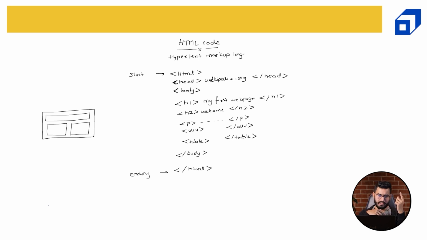We start with HTML, we end with /HTML. Within that we have the head tag, then we have the body tag, and within body we have all the content of the web page. This is the HTML code.